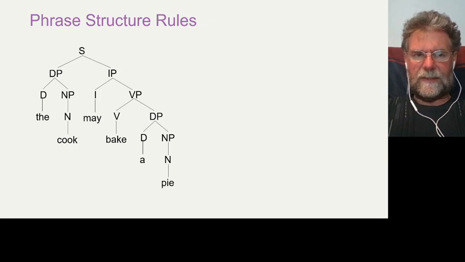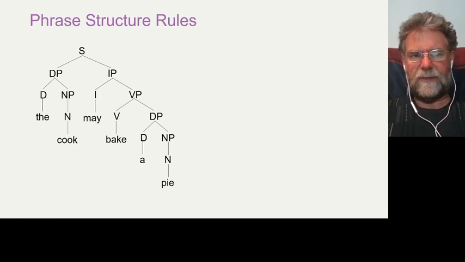Well, one way to look at this, and the way that's been done since the end of the 1950s, is to look at that structure piece by piece and have rules that tell you how to build the structure from its elemental parts.